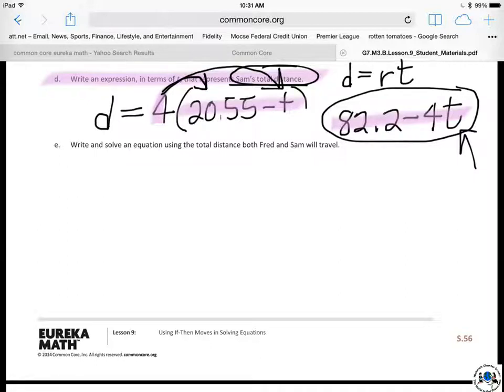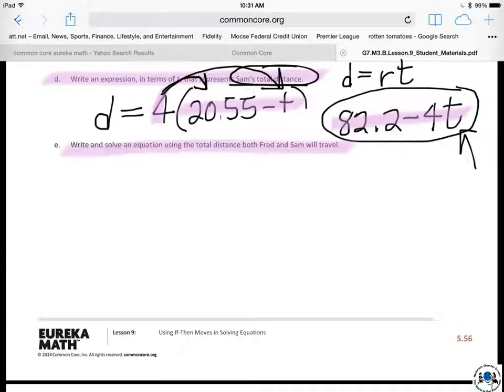Okay, so E now asks us to write, oh, now we're to an equation time. The fun begins. Write and solve an equation using the total distance Fred and Sam will travel.